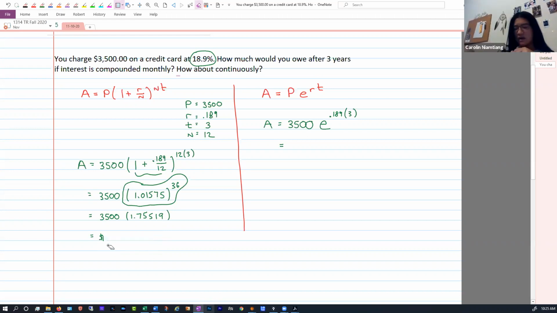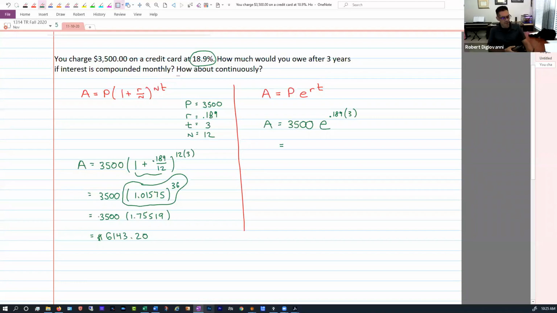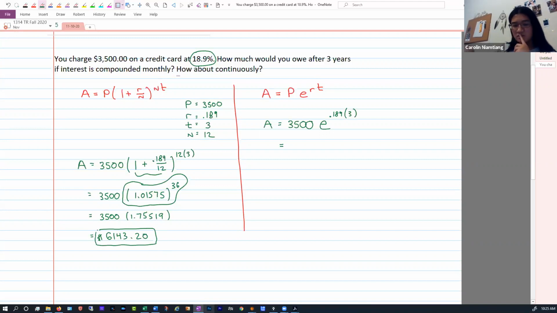Yes, I got 6,143 and 20 cents. 6,143 and what? 20 cents, but my calculator doesn't round as much as yours. So some people might be off, but we're pretty close, right? Yeah, pretty close to this. Okay, so it's even higher than it looked like initially.